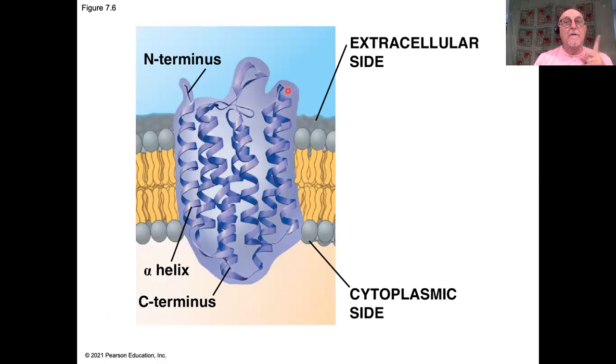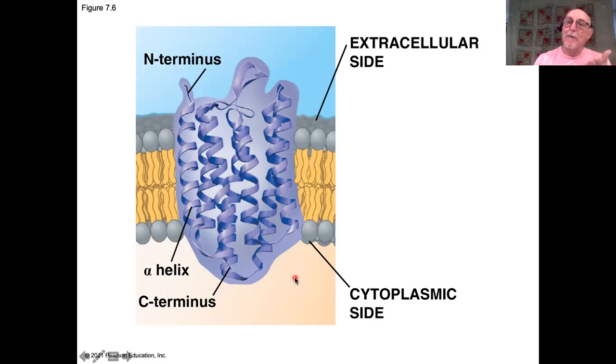So immediately realize these proteins have something singular about them, and that is that they communicate. They communicate one side and the other. Now, that one side may be the outside of the cell and the inside of the cell, let's say. That's what this diagram is showing.